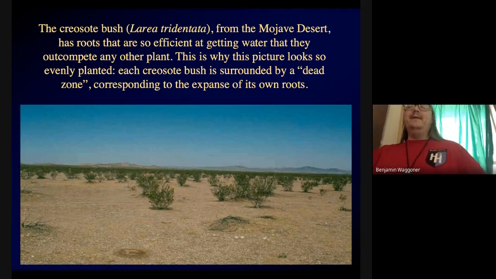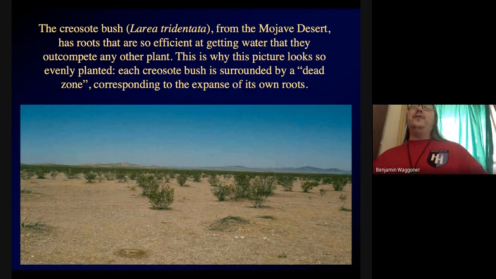It's just that for every bush that you see growing above ground, the roots are maybe 10 times as big, and the roots expand outwards in a circle under the surface of the soil, and they go down really deeply as well. And the roots are just so incredibly good at sucking up water that nothing else that grows close to a creosote bush can live.